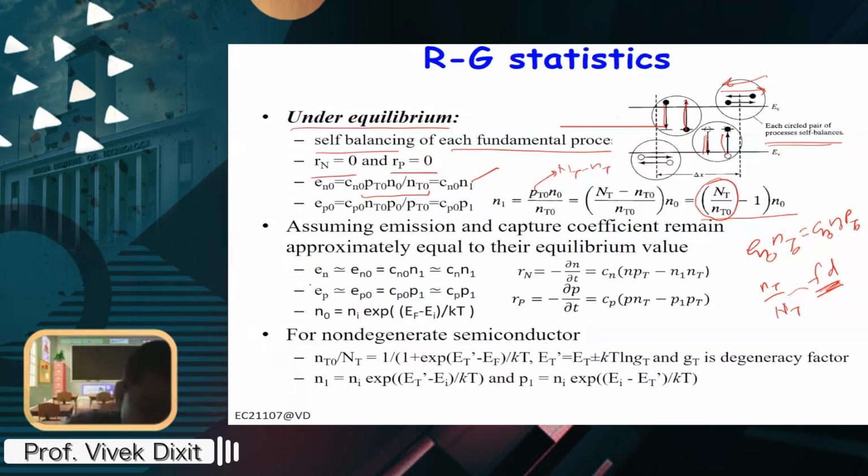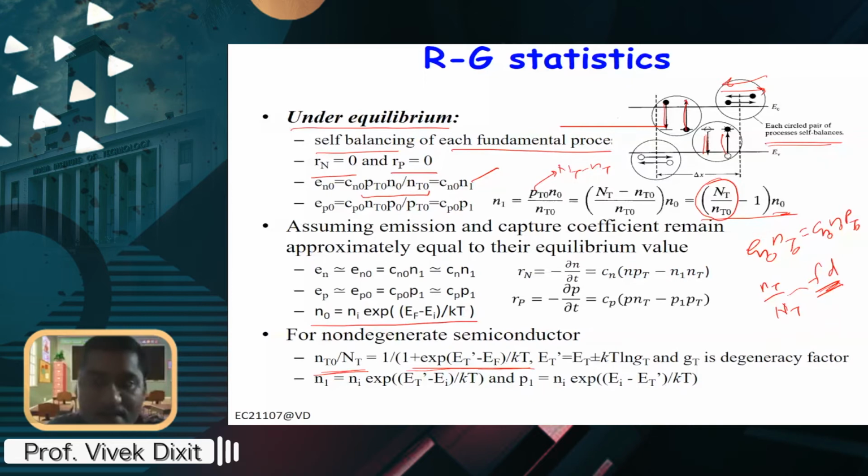right? So your En becomes Cn0 times N1, and N1 you can define. Now N1 is basically N naught, where N naught is simple carrier concentration, Ni exponential EF minus EI by KT, and small nt by capital NT is 1 over 1 plus exponential ET minus EF by KT, right?